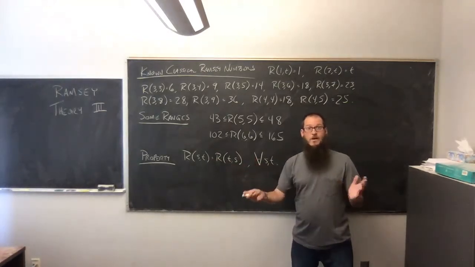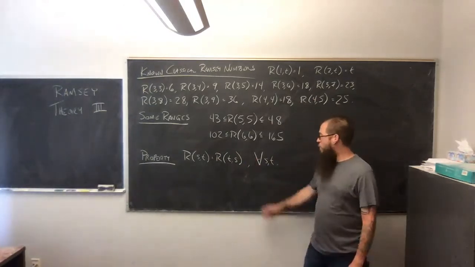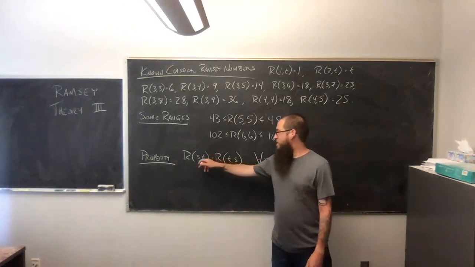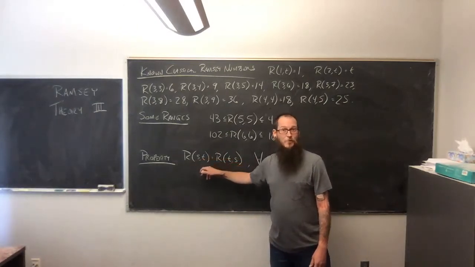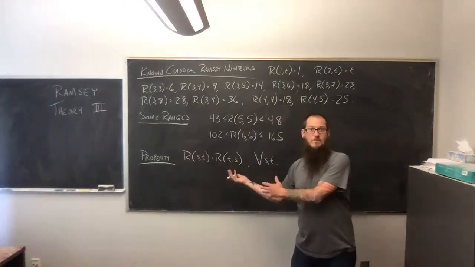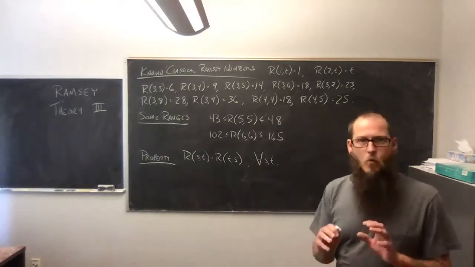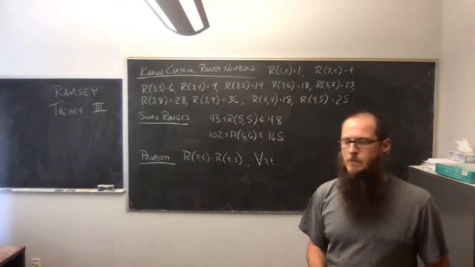Take that coloring, switch all the colors. You then create something with one less than this number that lacks the red K_S and the blue K_T, making it to where this number isn't less than that one to begin with. So you can go through and give a more careful argument there using the definition.